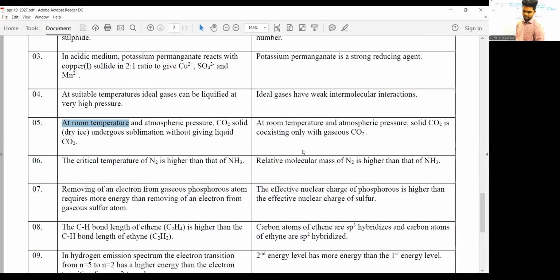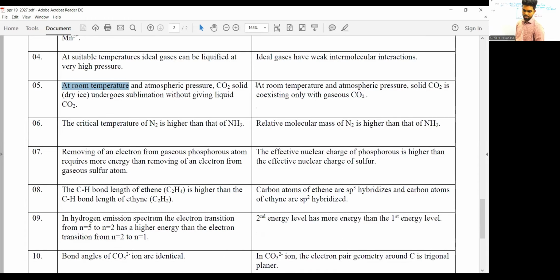That is true. In the second statement also, you have to remove the room temperature part. Then you can say at atmospheric pressure, solid CO2 is coexisting only with gaseous CO2. Keeping these words will give you a very confusing answer, so let's remove the room temperature part. Then you can get the correct answer.